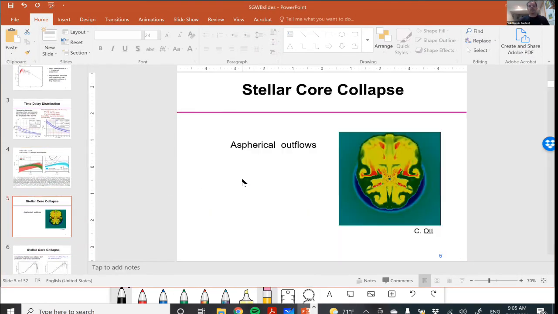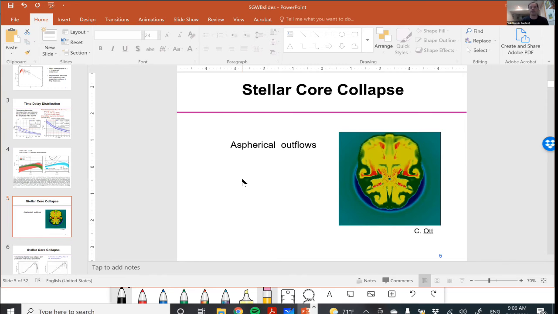So the stellar core collapse, what we mean by that is, as you know, the star lives its life burning hydrogen, creating helium, and then from helium creating oxygen, and so on. The process eventually stops when the star runs out of nuclear fuel, and at that point the gravity starts to overcome the pressure from the fusion reaction.